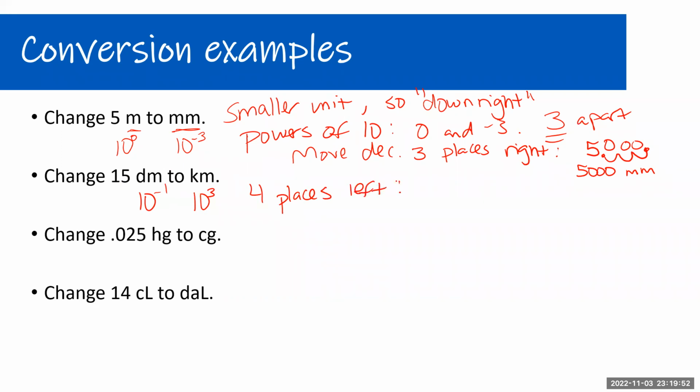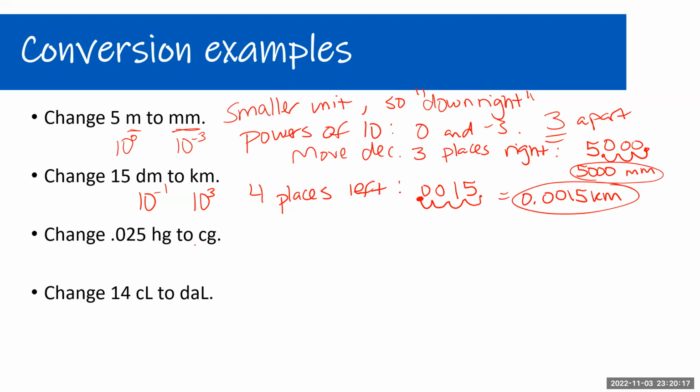Okay. So we're going to go from 15, 1, 2, 3, 4. Put that decimal there and fill in the blanks. There's going to be 0.0015 kilometers. Okay. I'll circle these so that we can find them in the mess.